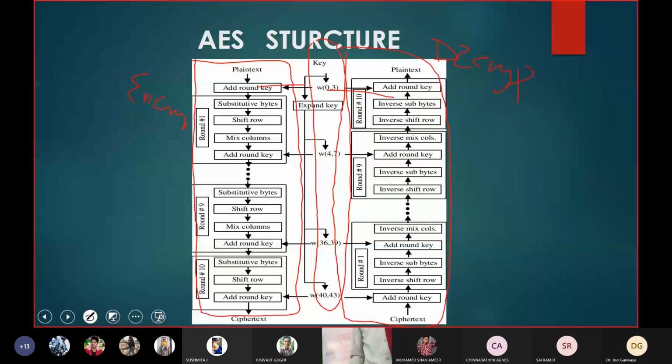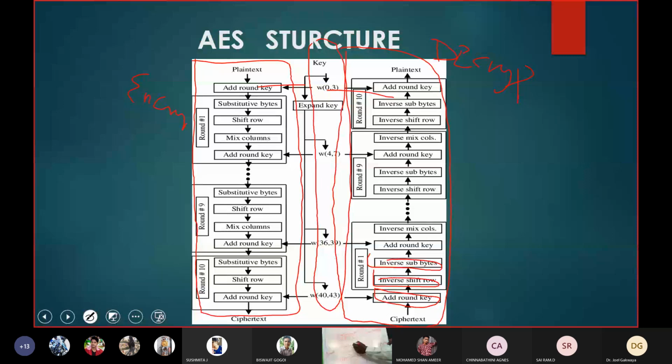We take add round as the first step, and you're going to do the inverse of shift row, inverse of sub key, add round. So the thing which we do in decryption, instead of using the sub byte, we use inverse sub byte.